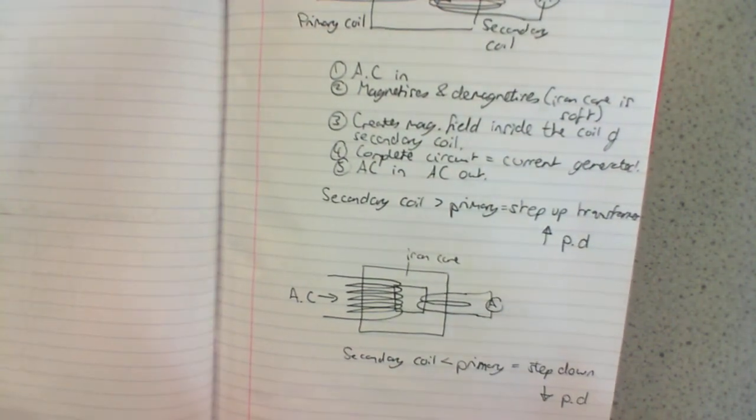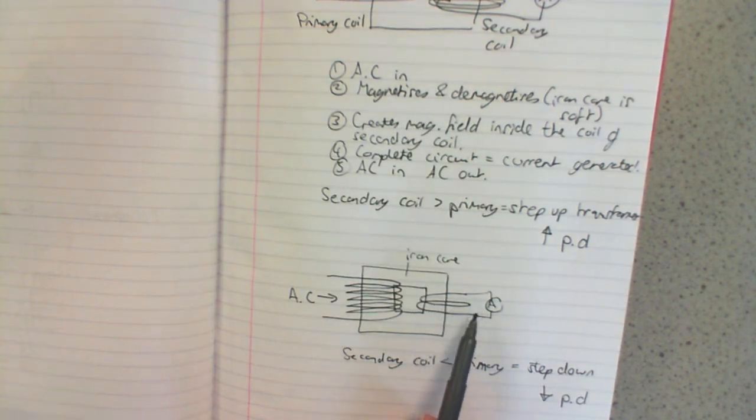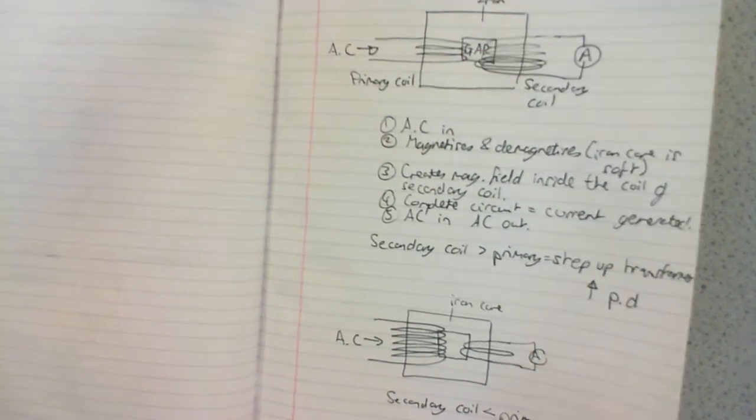So transformers always utilise alternating current. It magnetizes and demagnetizes the iron core quickly, which induces potential difference in the secondary coil. Because it's part of a complete circuit, we get a current, and we can work out what happens to the potential difference if we know the number of coils.